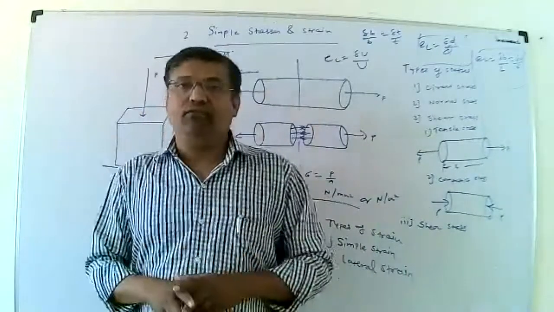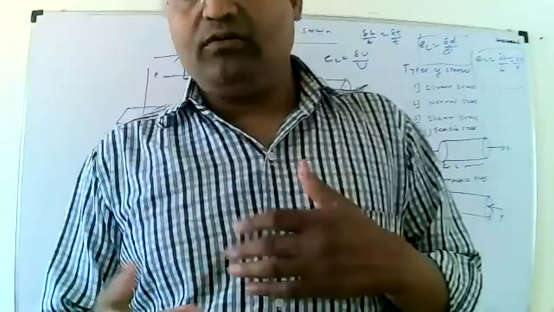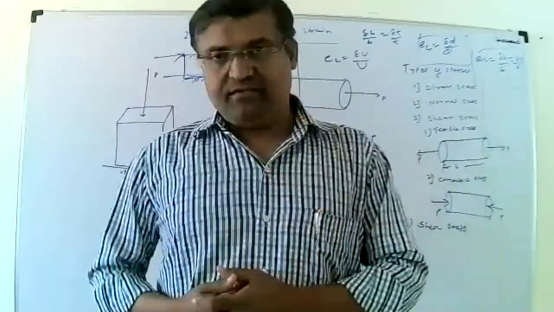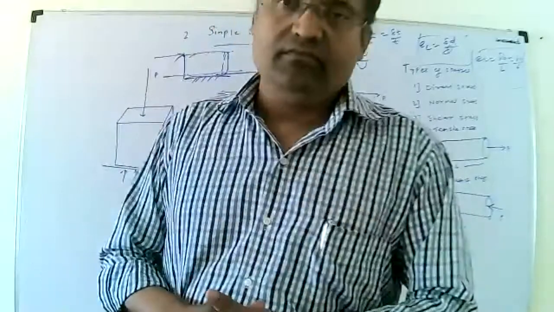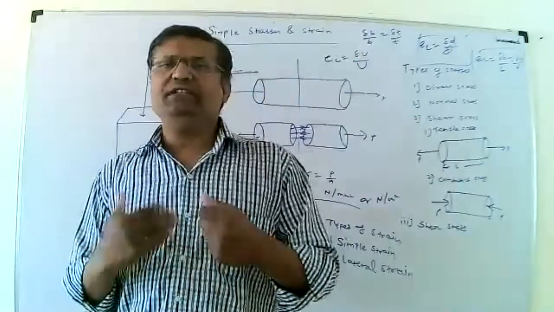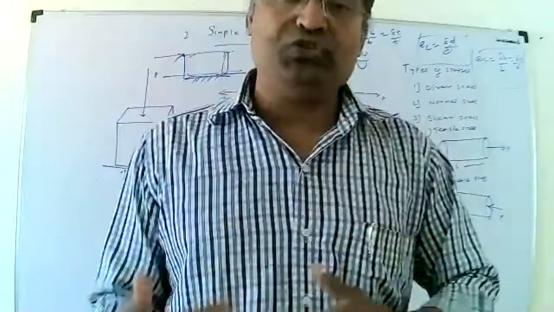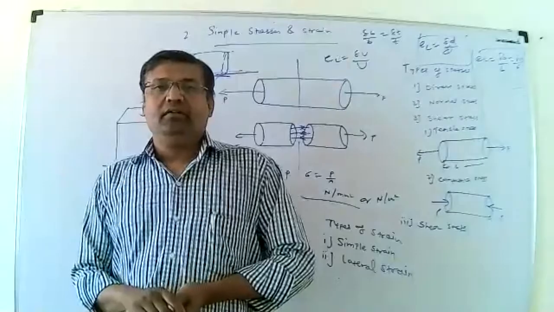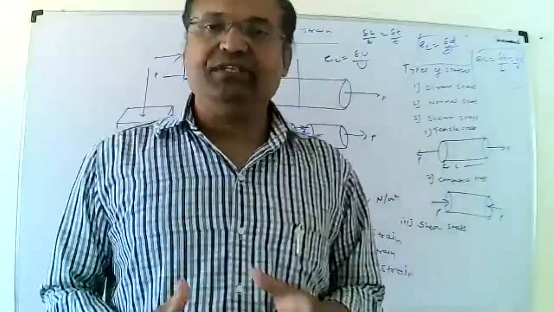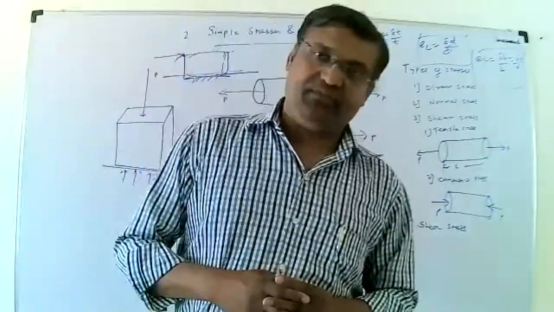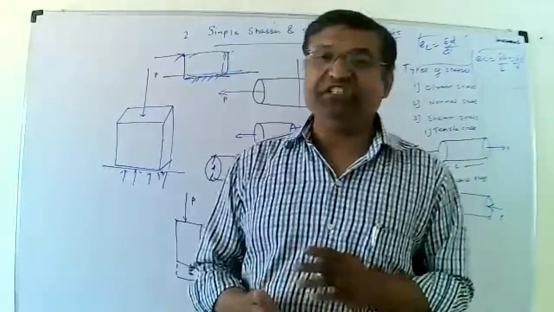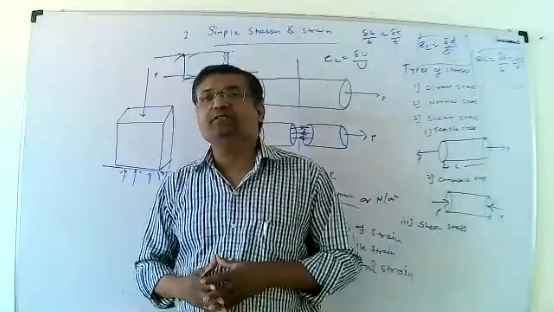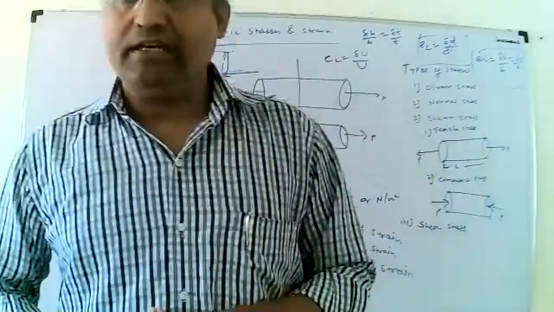If the external force acts on that plastic material, there will be a change in shape and size, but that change is permanent. The body does not regain its original position. That is the difference between elastic material and plastic material. That is the property of those materials.